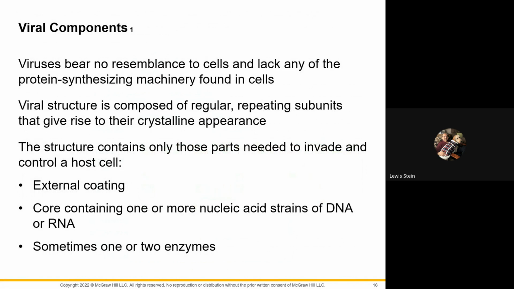So as you can see, no resemblance to cells, and they lack any ability to really make proteins on a regular basis. The RNA can direct it, but it's not there to make it. And so you're going to see the structure, regular repeating subunits that give rise to an appearance like crystals. They have a fancy term for these components called capsomeres, as you will see. So they're identical.